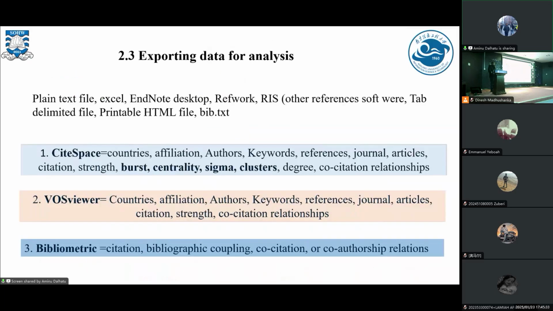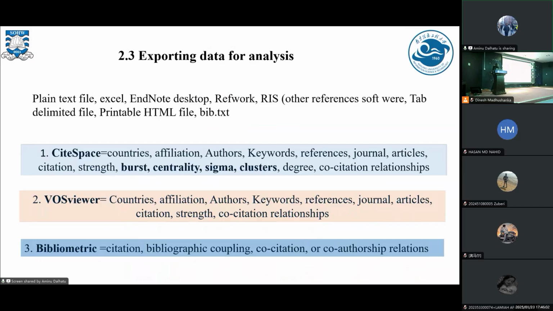How do we export or download the data from these sources? The first thing depends on the software that you are going to use. Most of the time, review papers are done with three softwares such as Lightspace, VOSviewer, and Metrics.